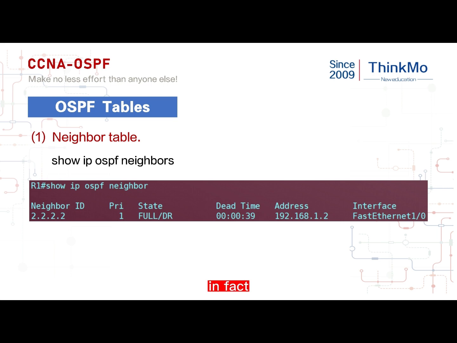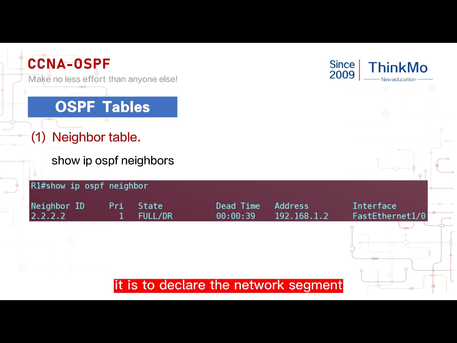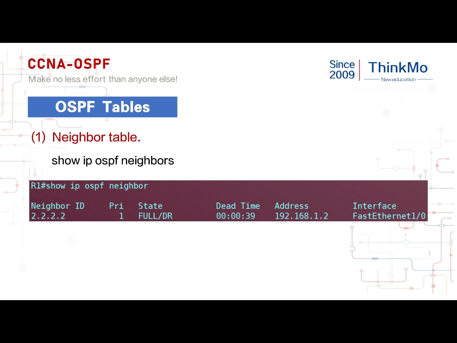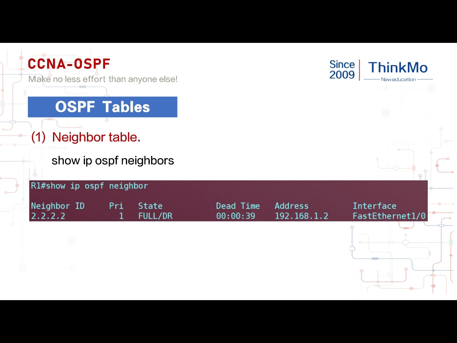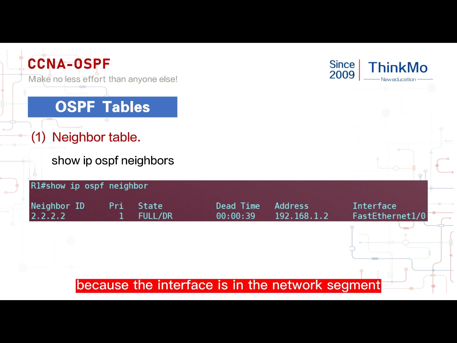In fact, it is to declare the network segment where the interface is located. In fact, we are still declaring the interface. That is, now the two interfaces establish a relationship. Because the interface is in the network segment, we say it is to declare the network segment. You need to understand this concept.